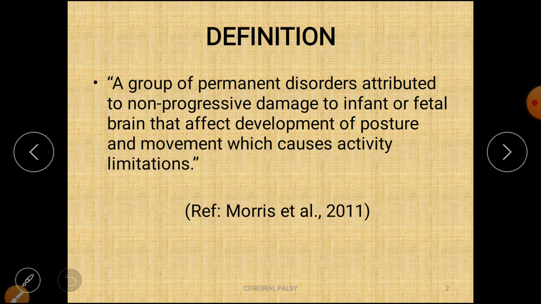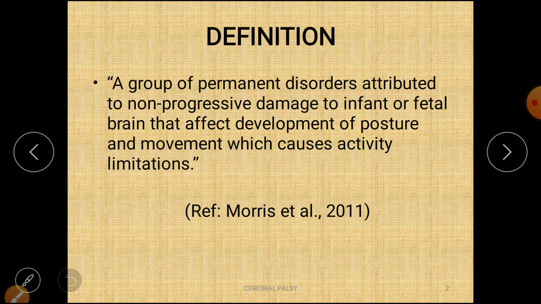So, the definition is it is a group of permanent disorders attributed to non-progressive damage. Once this disease has occurred, it is not progressive. It is a non-progressive type of disease which causes damage to the infant or fetal brain and affects the development of posture and movement, which causes activity limitation.